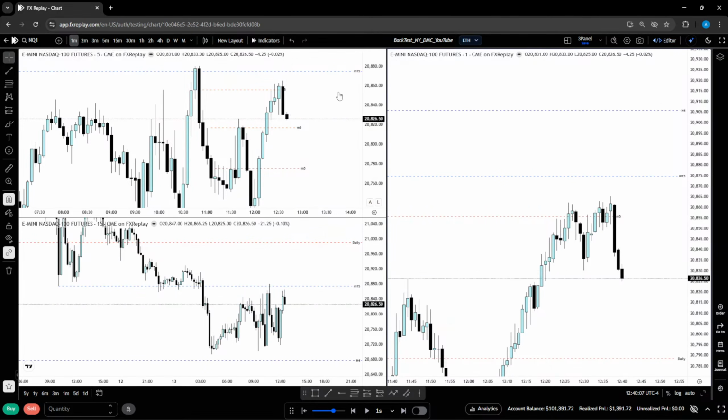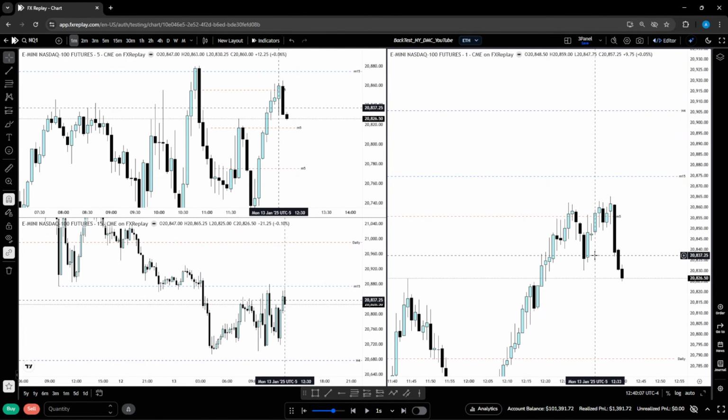Now in 5 minutes, breaking down. In the 1 minute we closed below this 1 minute level.